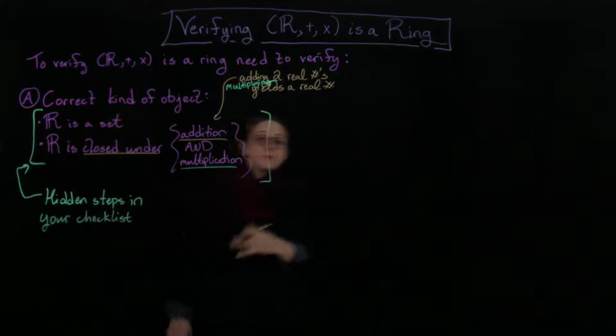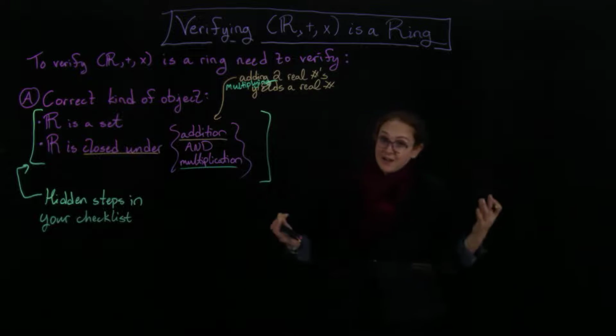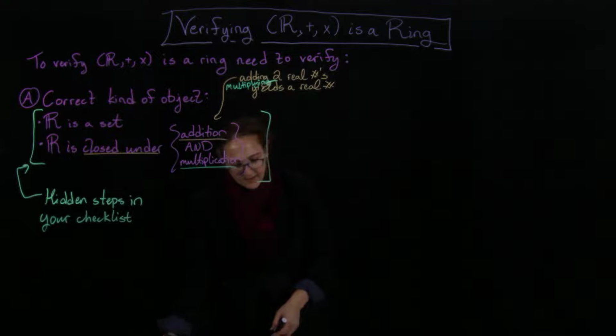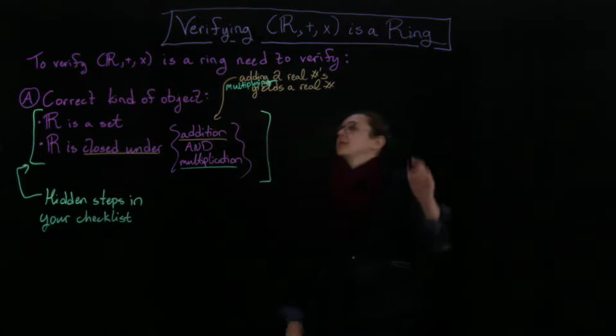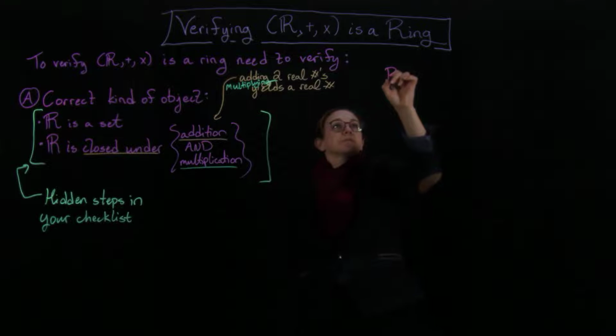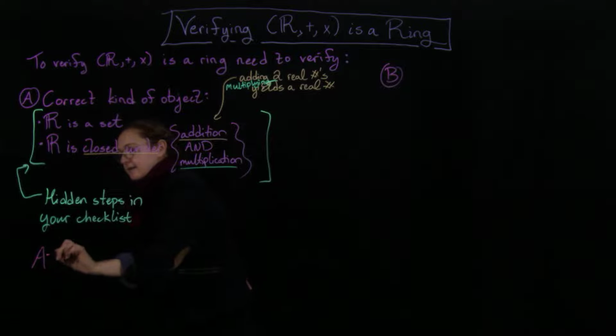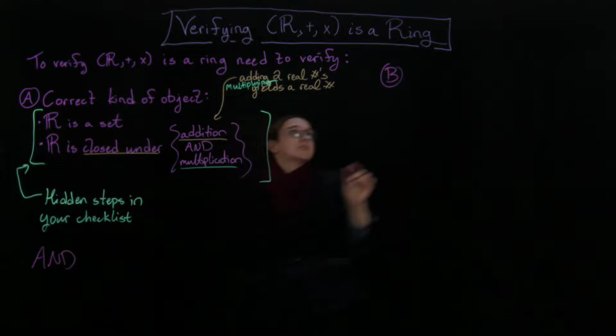Okay, and then once you've established it's the correct kind of object, now you have the real list of things. So what is the real list of things? Okay, so we need that each of the following properties hold. So we need it's the correct kind of object, and we need that each of the following properties hold.